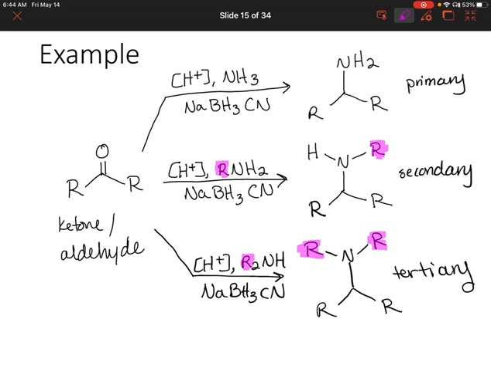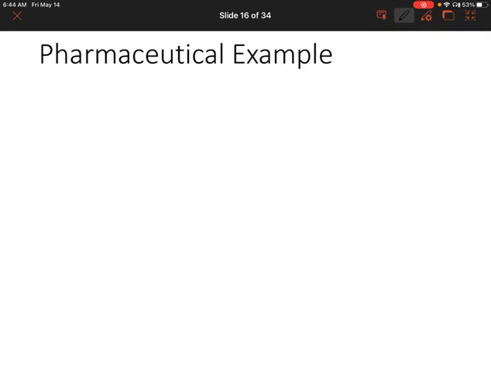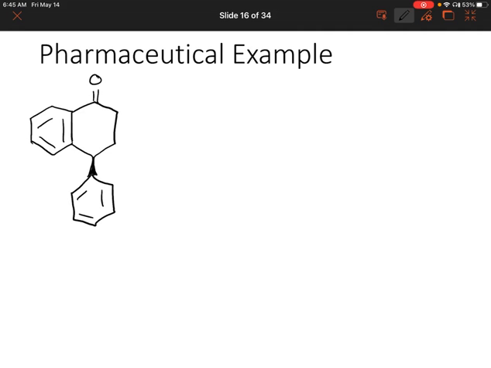Let's look at a pharmaceutical example of how we could use reductive amination. So let's say we're starting with this molecule here. We can use reductive amination, and the amine we're using has a methyl group attached. Well, I drew that kind of in the wrong order, but you get the idea.